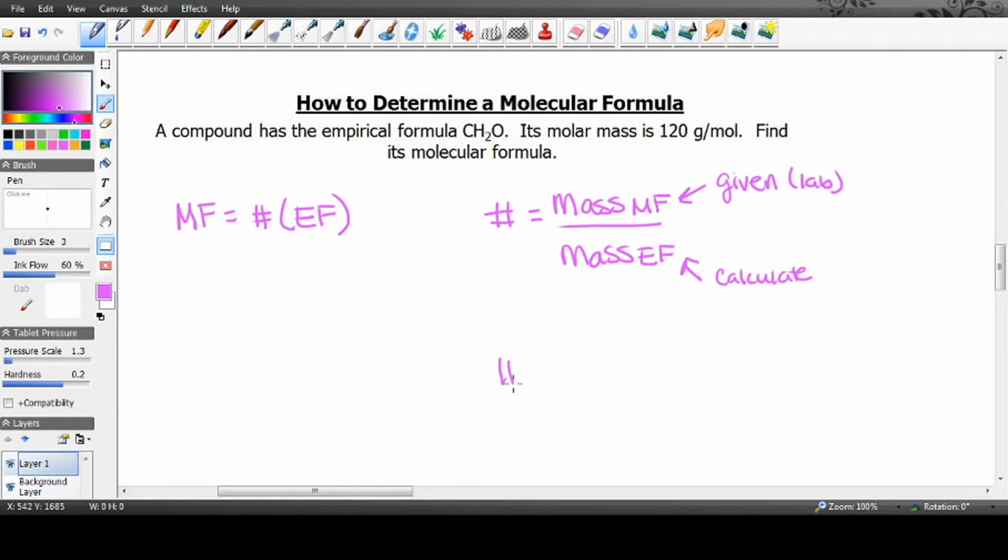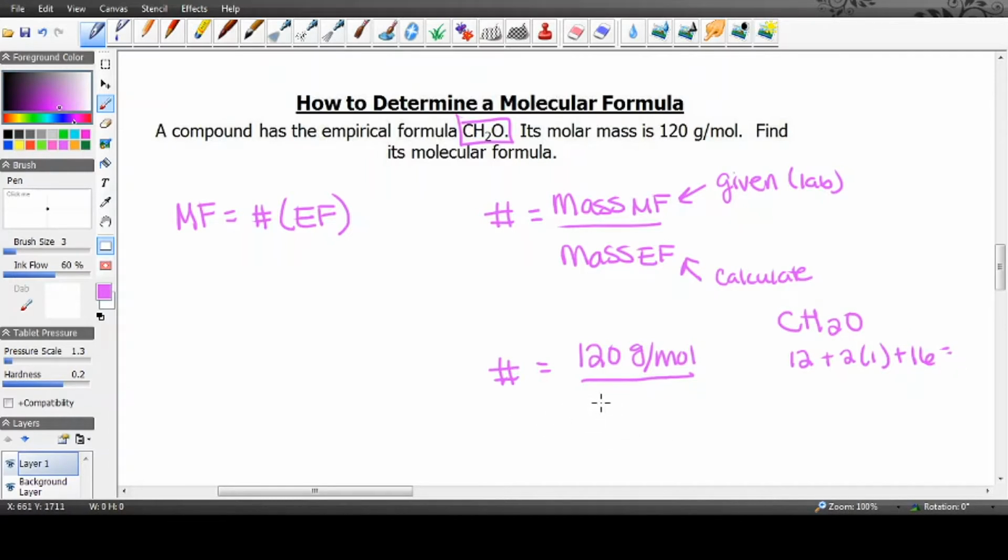Okay, so let's get that whole number. The molar mass of the true formula, 120 grams per mole. They figured it out in the lab. We figured out the empirical formula was CH2O, right? We figured that out earlier. So that's 12 plus 2 times 1 plus 16.